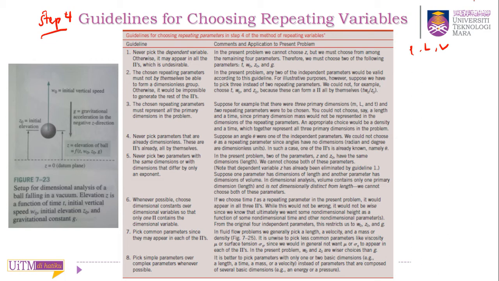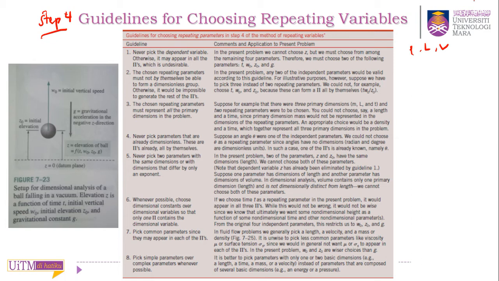But in case they did not provide the repeating variables, I'm not promising you that all questions give you the repeating variables. There is always one time that they do not provide them. So you need to know how to choose the right repeating variables in step 4.